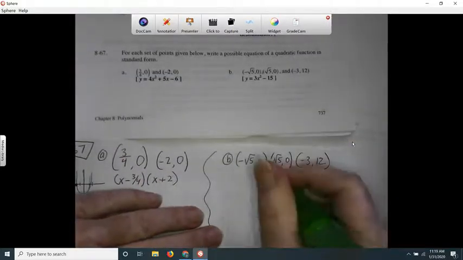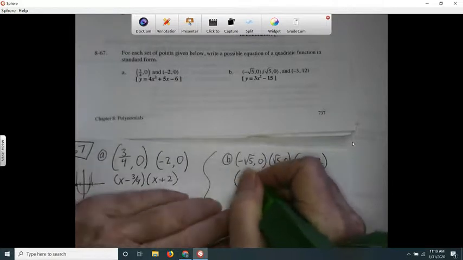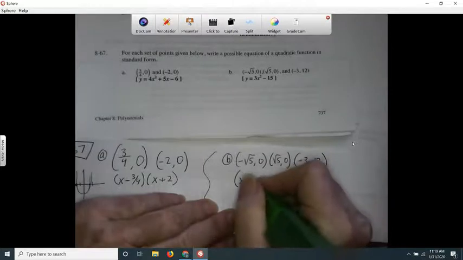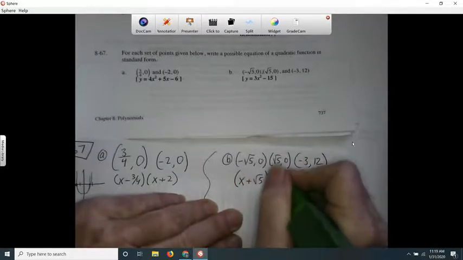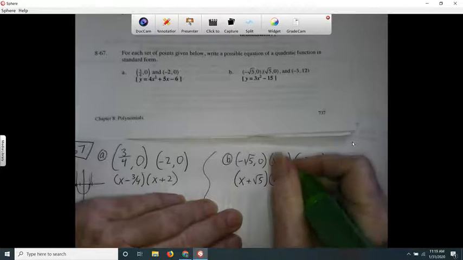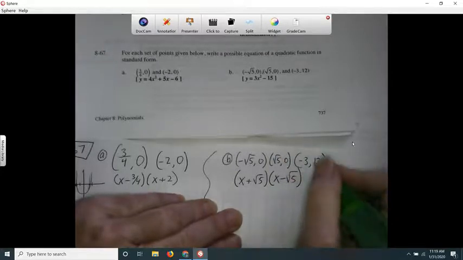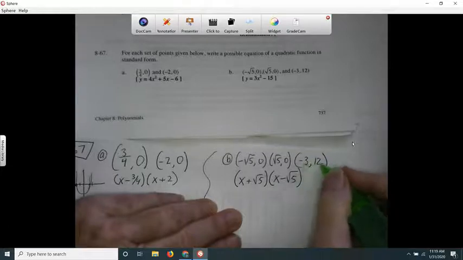I can go, this will be x minus negative root 5, which is x plus root 5. And then this will give me x minus root 5. But then I don't really know if these are going to be on the graph.